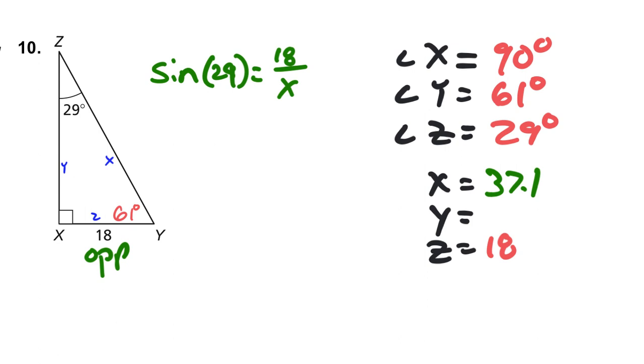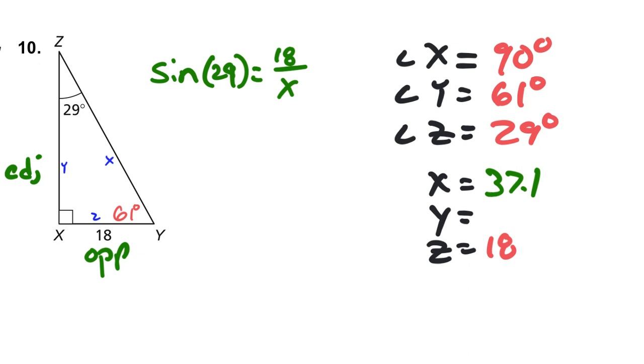Now at this point, I have two options. I can use my 18 and my 37.1 and use Pythagorean theorem to find the value of the side that's labeled y. Or I can use another trig function. So I'm just going to model this with a trig function, and I'll also show you Pythagorean theorem. If I did a trig function, I would want to use my opposite and now my adjacent.